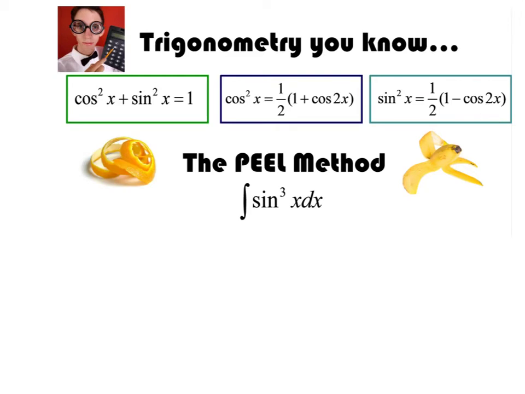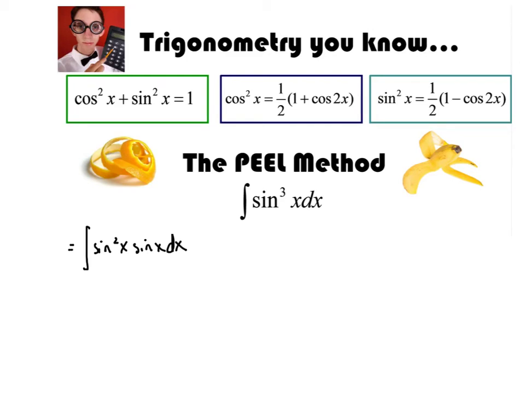Now, what the Peel method applies to is really just peeling off terms to get what we want for substitution to work. And we're looking to peel, at least at the beginning, odd powers of trig functions. So sine cubed, I could rewrite as sine squared multiplied by sine dx.